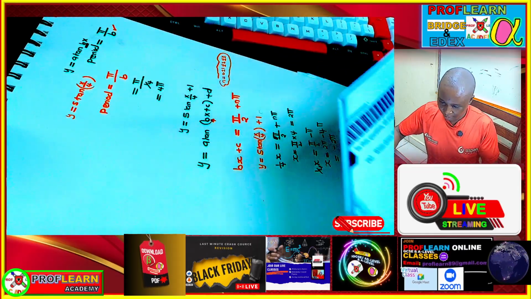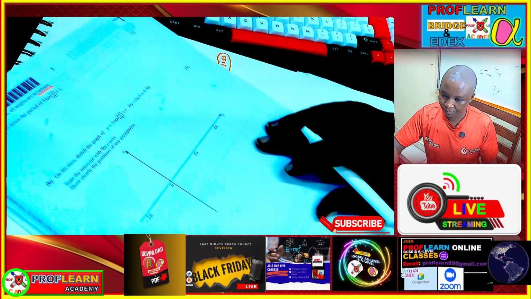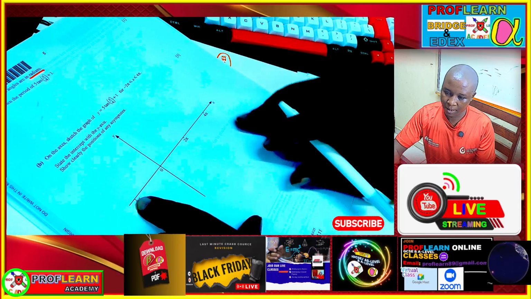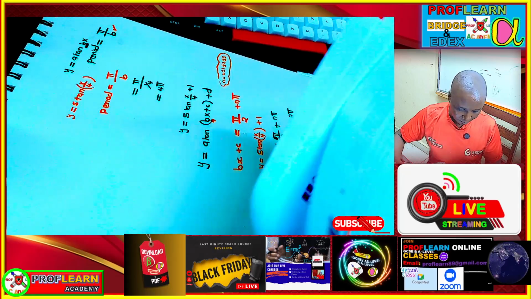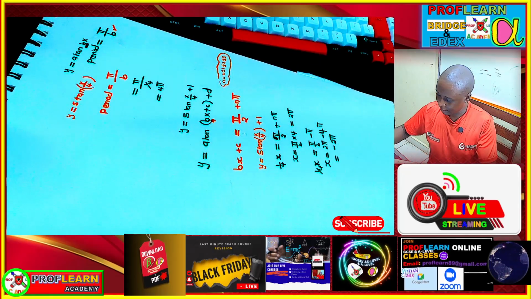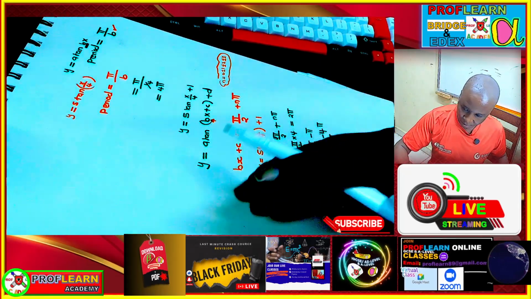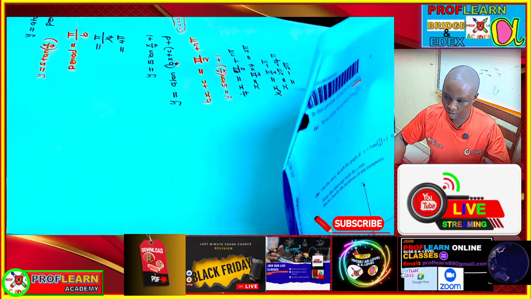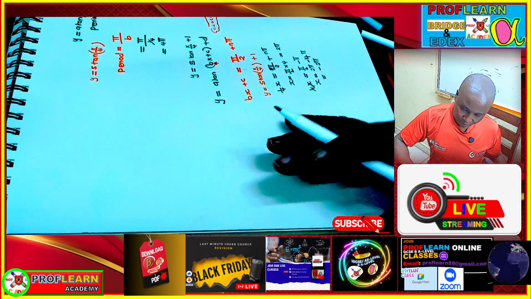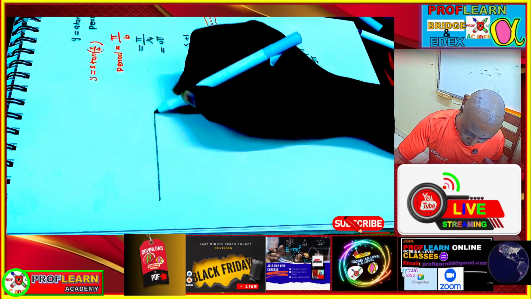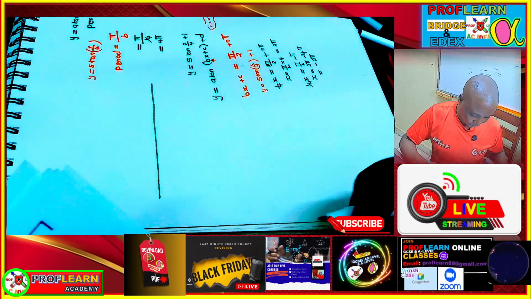So let's check. Our graph was given here. Negative 2π, we have 2π and positive 2π. So let me just draw that nicely. Our graph will be like that. Let me just move this a little bit and put our graph here.